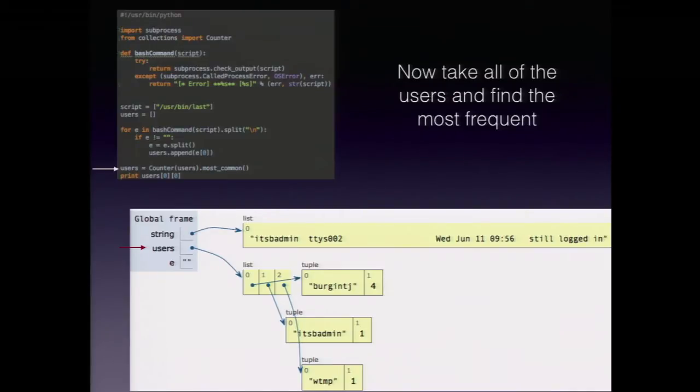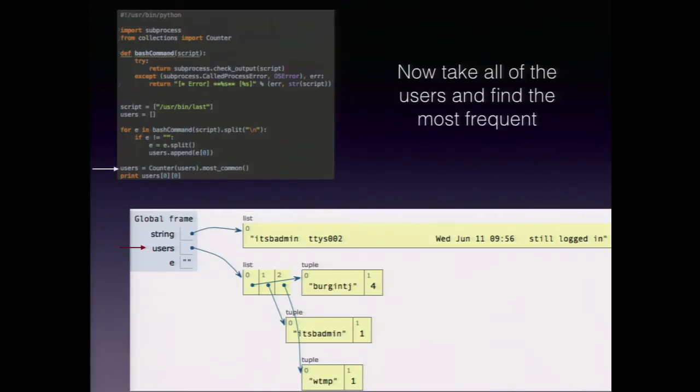This looks a little complicated, but it's pretty cool what it does for us. This most_common function in the Counter class returns a list of tuples. And a tuple is nothing more than a list that usually has data that's associated with each other.